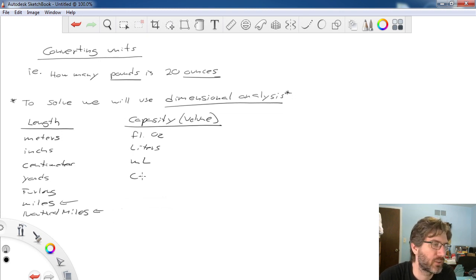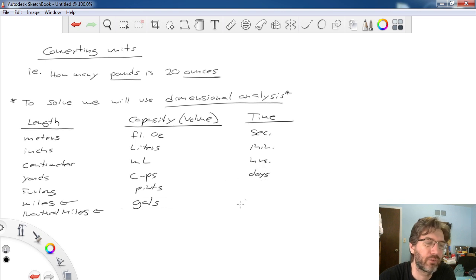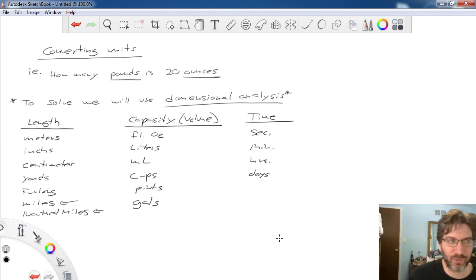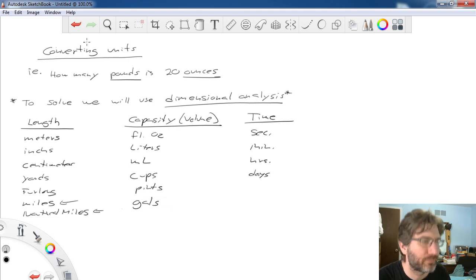U.S. customary ones, I guess you got cups, pints, gallons as well. You also have units of time, which you should be familiar with, which are like seconds, minutes, hours, days, weeks, months, years, and so on. At the beginning of the year in science, we took down all of these in your science notebook, if you recall.